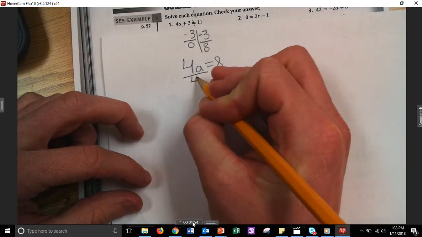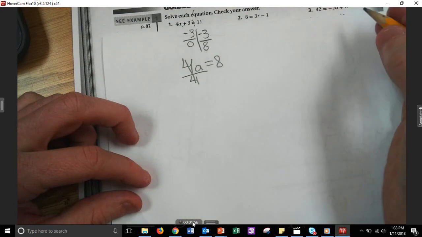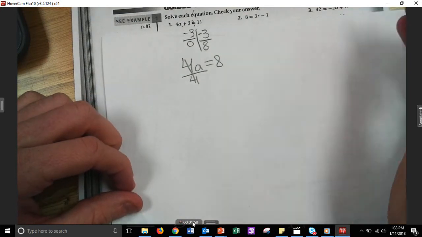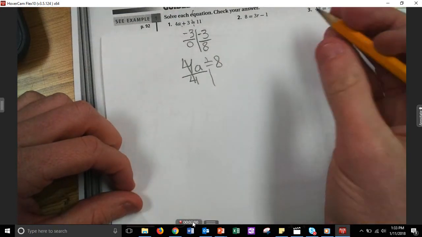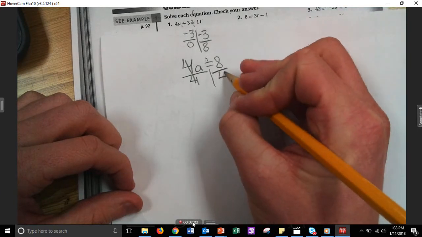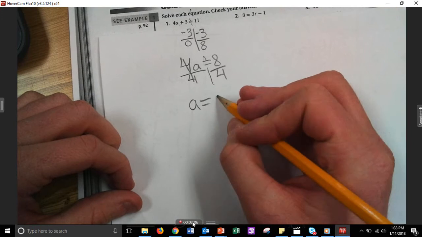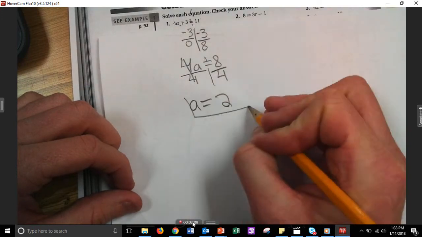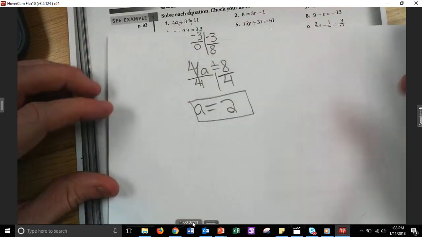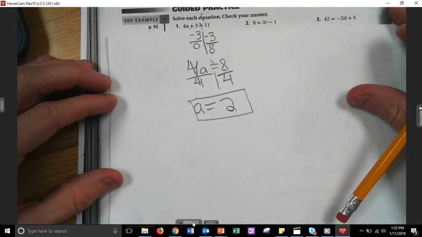We divide out the coefficient, and the coefficient alone. And then what we do to one side, we do to the other, got to balance it out. And we have our answer. So a equals 2. And that is our two-step equation for this.